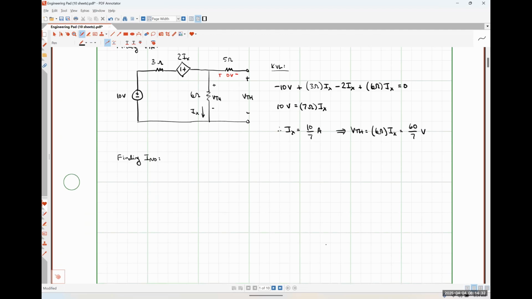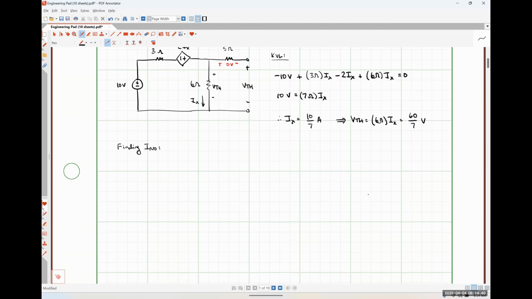So to find the Norton current, I'm just going to redraw this circuit, but now I'm going to short circuit those 2 terminals. And my ultimate goal is to find the current flowing through that short. So here's my 10-volt source. Three ohm resistor.